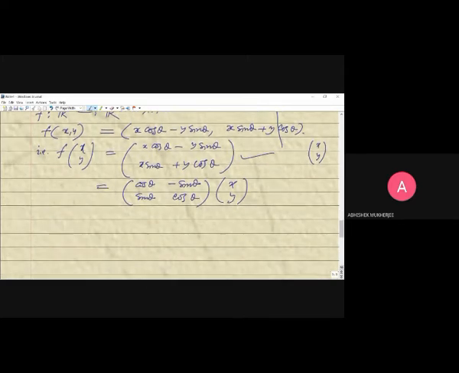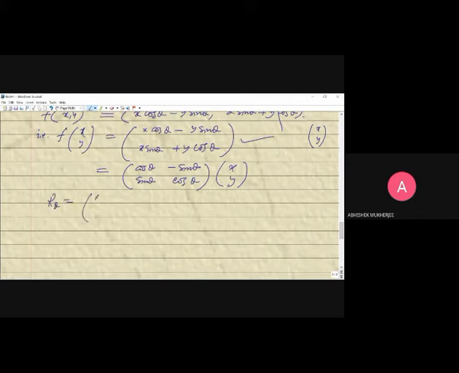These matrices are called rotation matrices. So this f is actually acting like this: it will take this (x, y) to a point by acting this matrix, and this is called the rotation matrix, right?